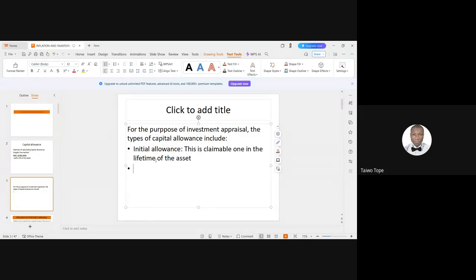When we talk about annual allowance, everybody should know that. This is an allowance that is granted every year until final disposal of the asset.